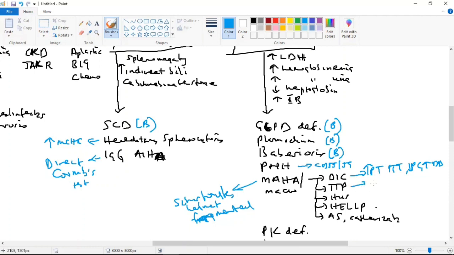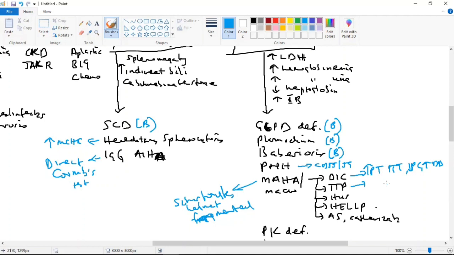TTP is typically an autoimmune disease, where the immune system is making antibodies against ADAMTS13. ADAMTS13 is an enzyme that breaks down von Willebrand factor multimers to degrade von Willebrand factor.